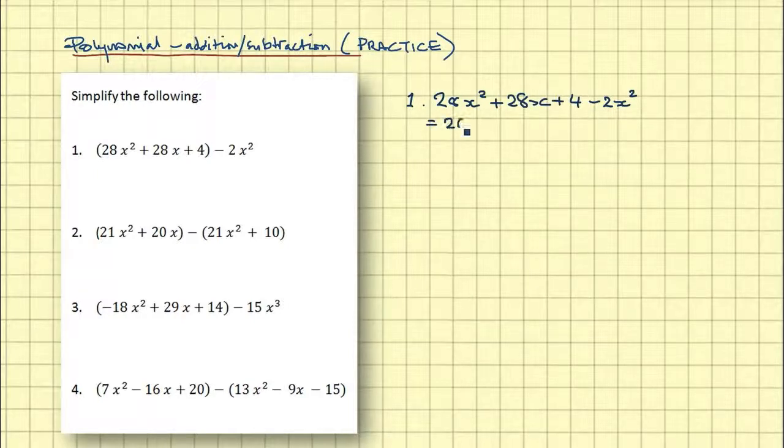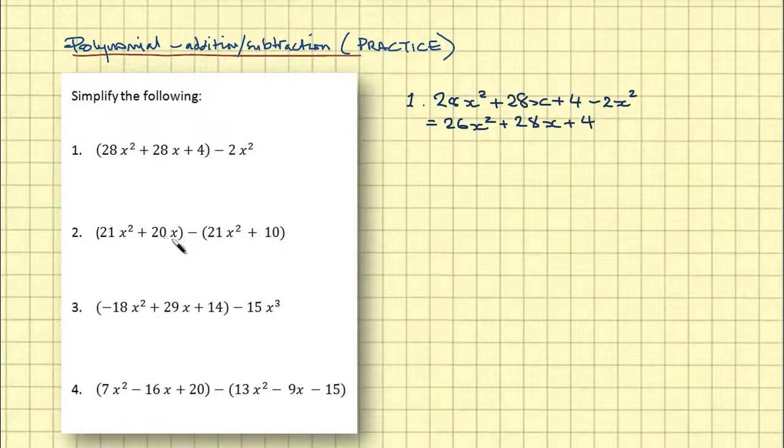So we've got 28x squared subtract 2x squared gives us 26x squared. And now we have the x terms, so we've got plus 28x and just 4, so plus 4. And there we go. There's our answer. That's simplified the expression that we originally had.